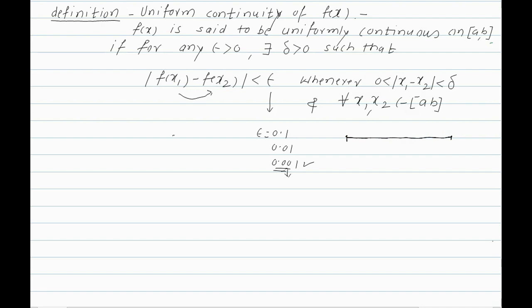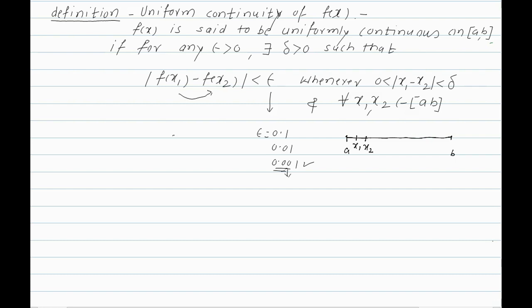So suppose this is your interval a comma b. If you select 2 points x1 and x2 such that difference between x1 and x2 is less than delta, in that case difference between the values of the function at x1 and x2 is very small, or the two values of the function at these 2 points are almost equal.